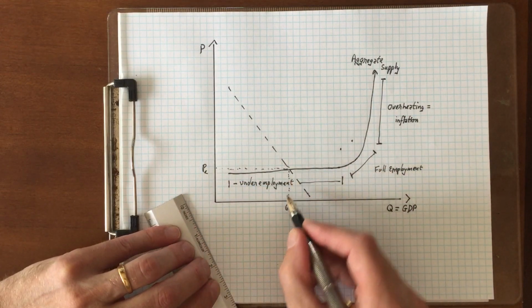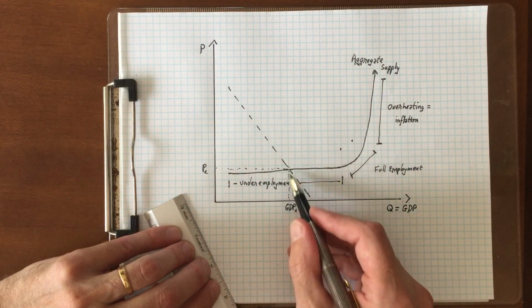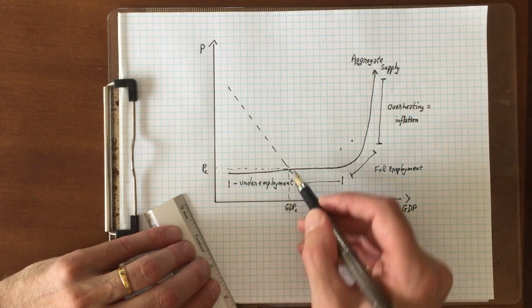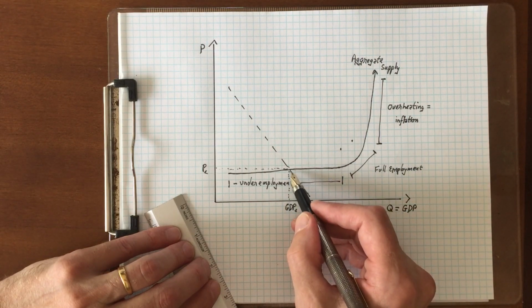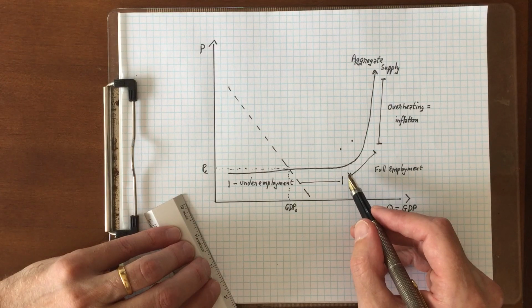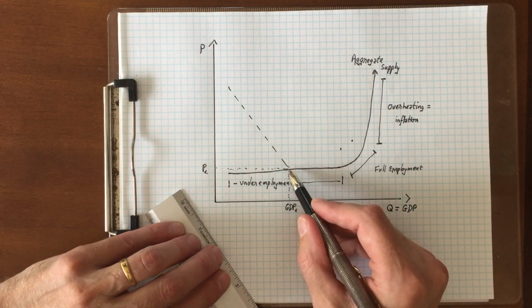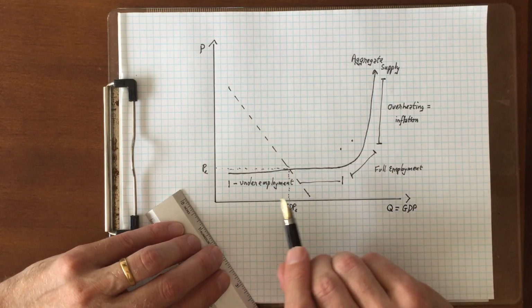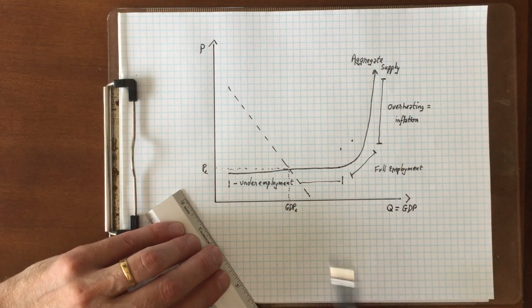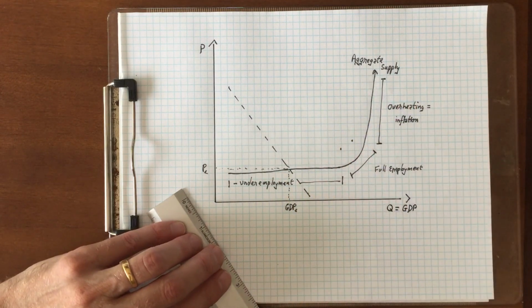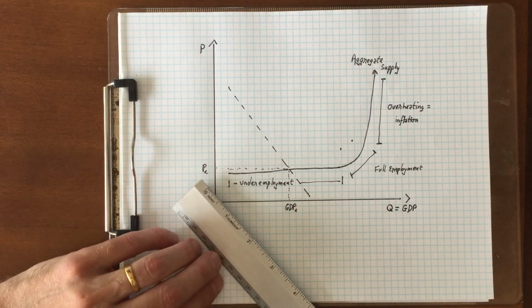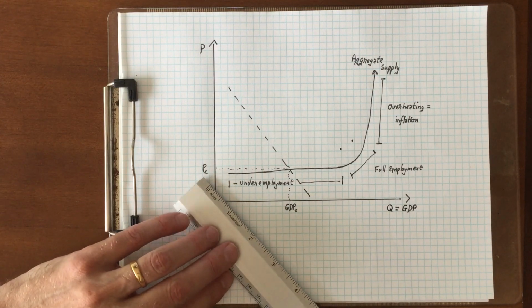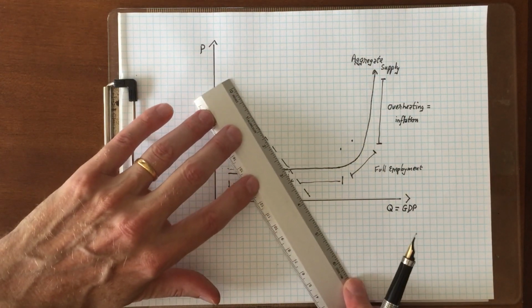At this point, you can see that this economy is underperforming. You're in an area of underemployment. The factories are not producing at capacity. There are unemployed workers. So in this situation, you might want to stimulate the economy, try to make the economy go faster, move it along the aggregate supply curve, move the aggregate demand curve to the right.